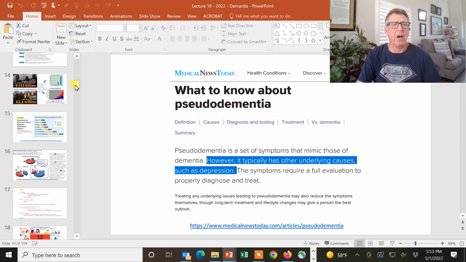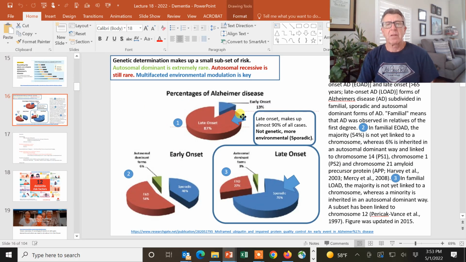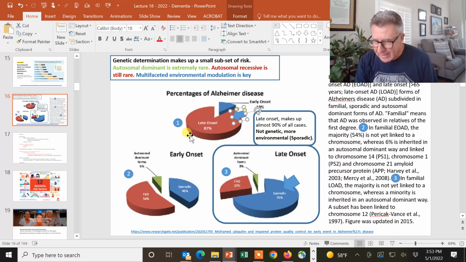Okay, we went over the cost, we went over the epidemiology, we went over the very issue that most dementia is late onset, okay? And when you look at late onset, most, as I indicate right here, are sporadic, meaning environmental causes, an accumulation of damage from things like head injury, toxins, okay?